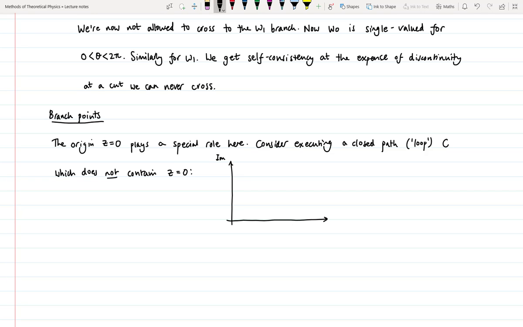We have the imaginary part and the real part. And our loop might look something like this, where we start here and we traverse in the anti-clockwise direction.